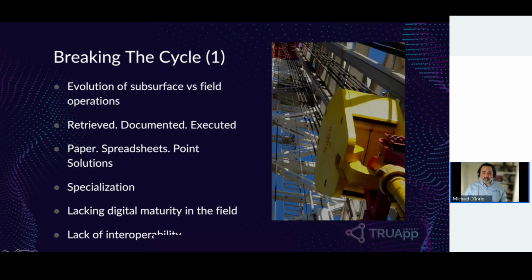And as a result, it's increased overhead costs at each asset and collectively across the enterprise. So to sum that up, you can have the best tools departmentally, but it does not make you as productive or profitable as you could be because of a fundamental lack of interoperability between the departments. Next, please.